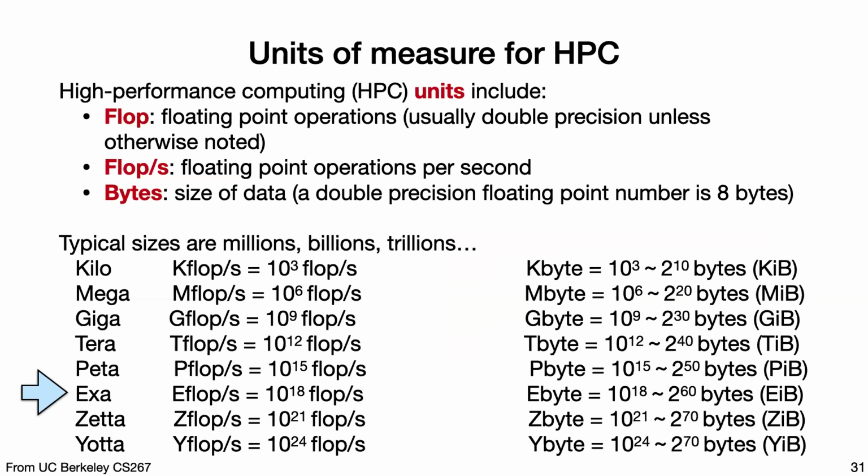You measure operations in flops, and flops is floating point operations per second. So that's speed, and then the other dimension is size, which is measured in bytes. Bytes are just 8 bits. A double precision floating point number is 8 bytes.